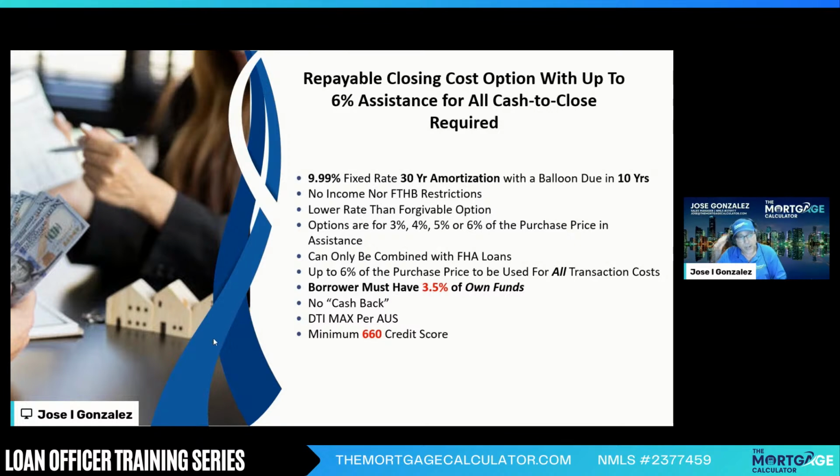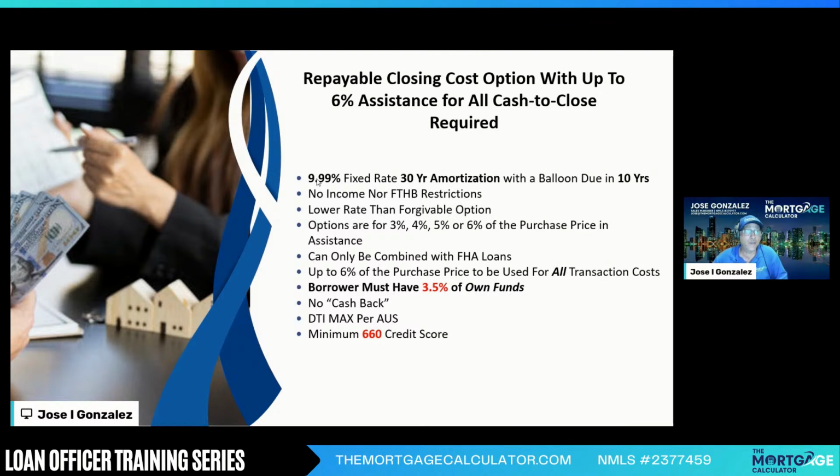Now we have another twist because they have a whole bunch of options here. So I'm putting here the repayable closing cost option with up to 6% assistance for cash to close required. Well, not exactly all cash to close, because in this option you have to have 3.5% of your own funds. That's what they call closing cost assistance, and not down payment assistance.